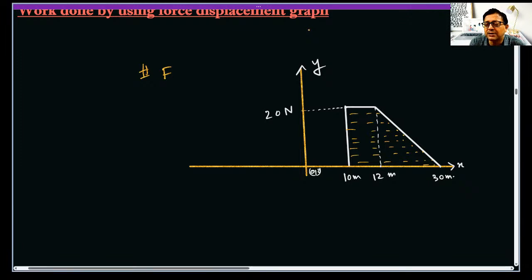Here it is in meters, meaning displacement is taken here, and this is the direction of force. 20 Newton acts to move it from 10 to 12, then the force magnitude gradually reduces to take it from 12 meter to 30 meter. So work done will be the area. This area you can easily find. Required work done.